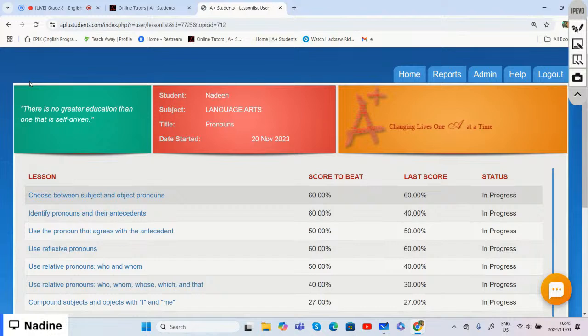Our reflexive pronouns need to refer back to our subject within a sentence. If it does not refer back to the subject we are talking about, and it maybe refers to something else or someone else, then it is not a reflexive pronoun, right? So all reflexive pronouns need to refer back to the subject we are talking about.